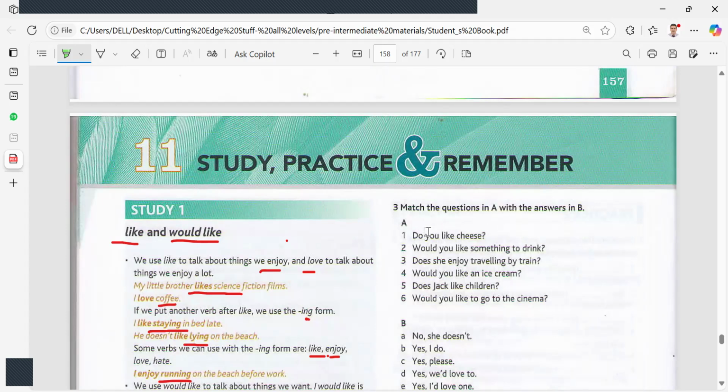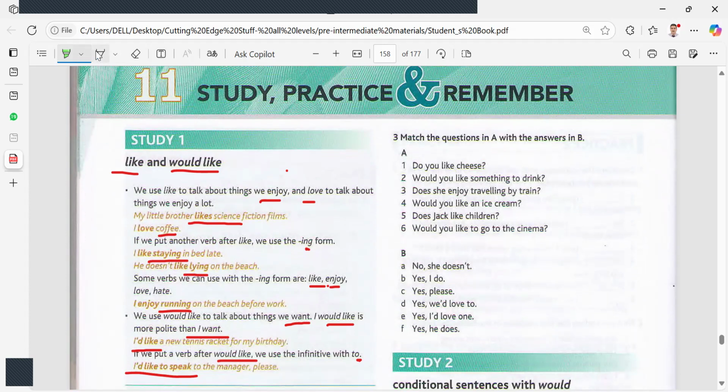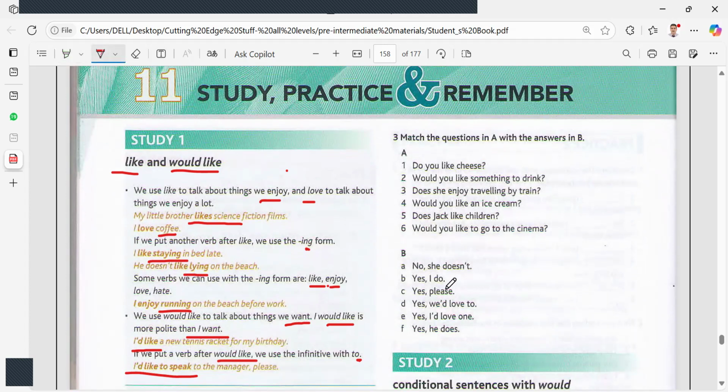Number three. Match the question or the offer to the right response. Do you like cheese? Yes, I do. Would you like something to drink? Yes, please. Does she enjoy traveling by train? No, she doesn't.